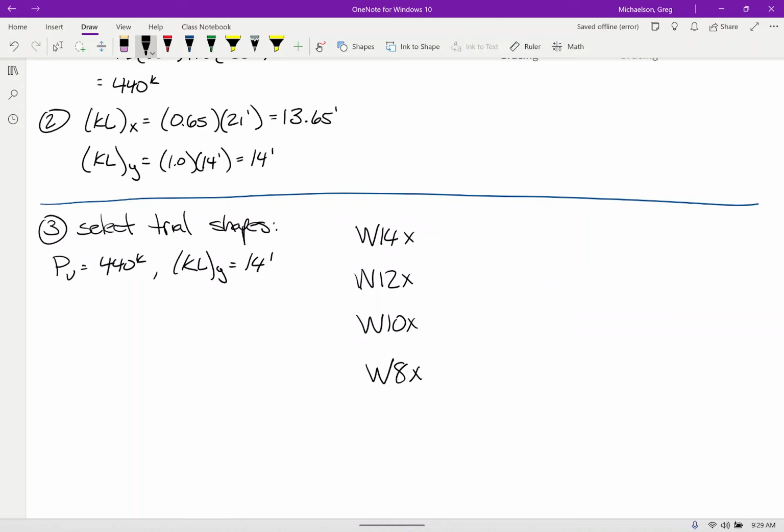So everybody, I want you to start going through table 4.1a, go through the W14s first, and let's see if we can find the lightest shape possible that will resist this load. I'll give everybody a sec. I want to see what they find.